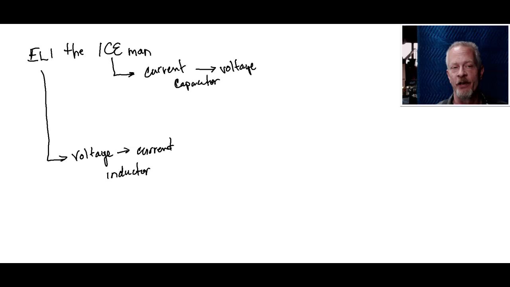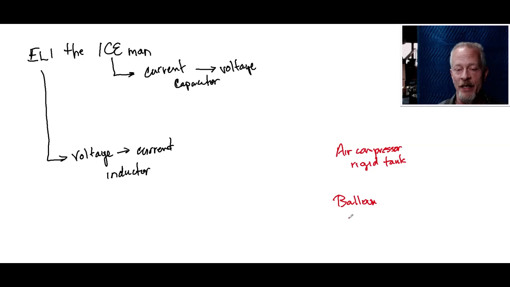So I think I figured out a way to explain that, and I'm going to explain it using an air compressor and a balloon. An air compressor has a rigid tank. A balloon has an expanding tank.